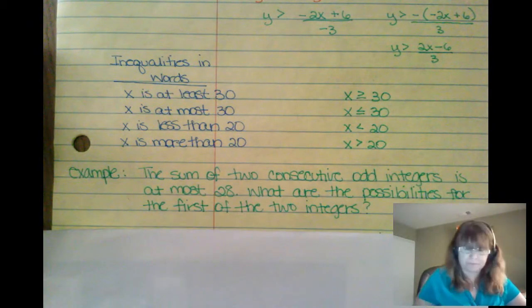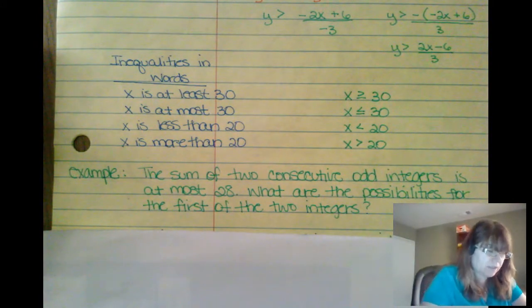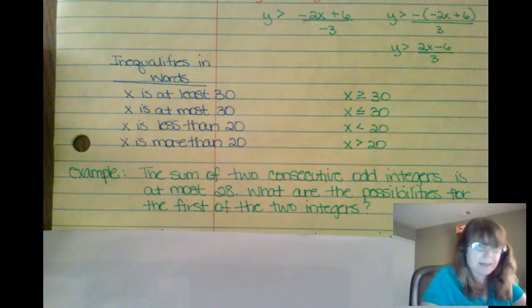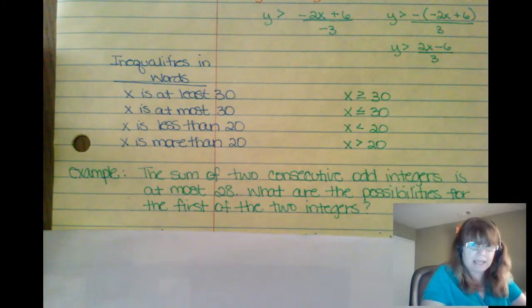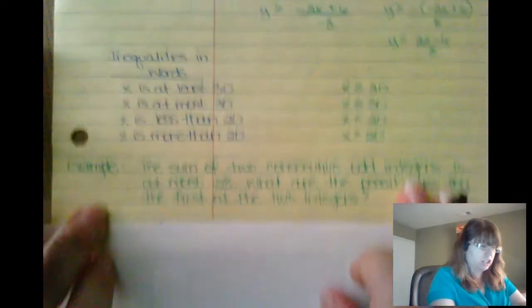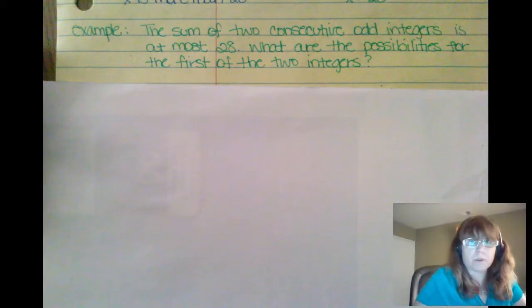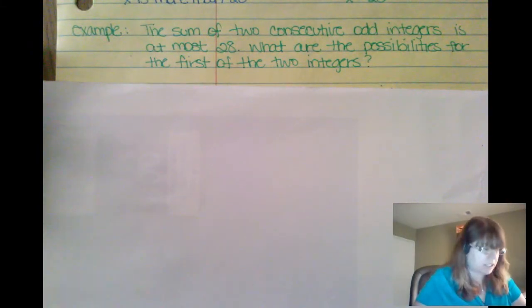Here's an example. The sum of two consecutive odd integers is at most 28. What are the possibilities for the first of the two integers? If you remember, two consecutive odd integers, we'll just call them x and x plus 2.